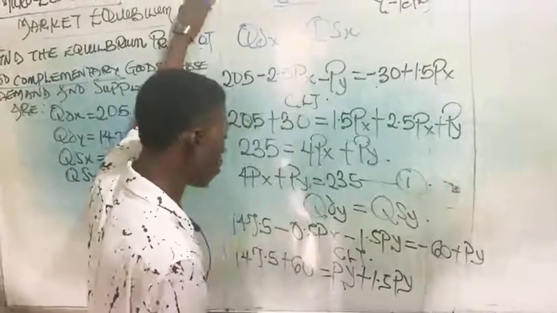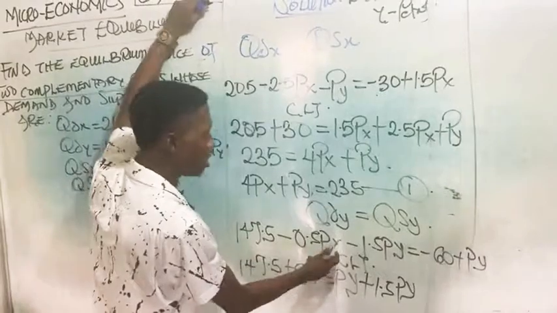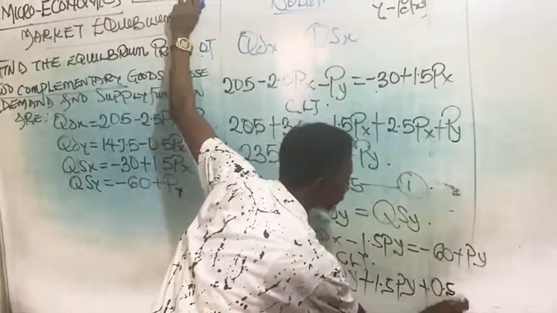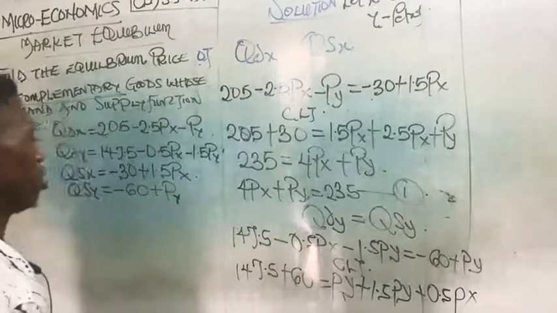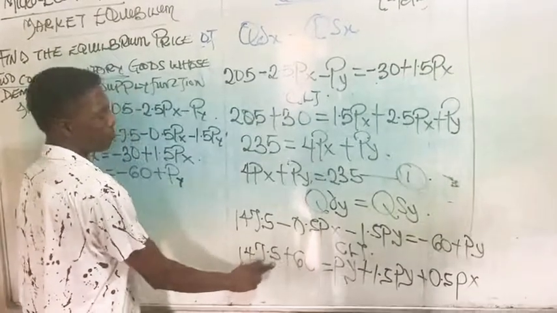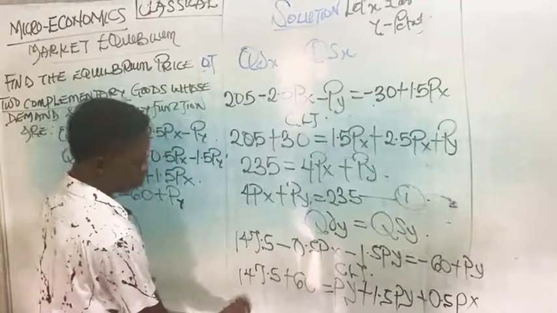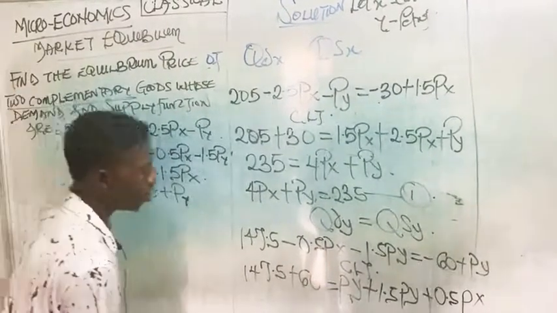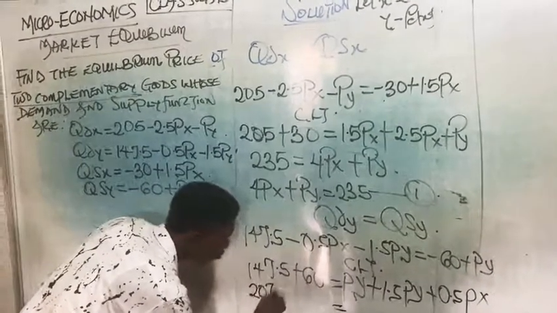So therefore, I am also having PX. So this one is going to be plus 0.5 PX. So therefore, 147.5 plus 60 will be 207.5.